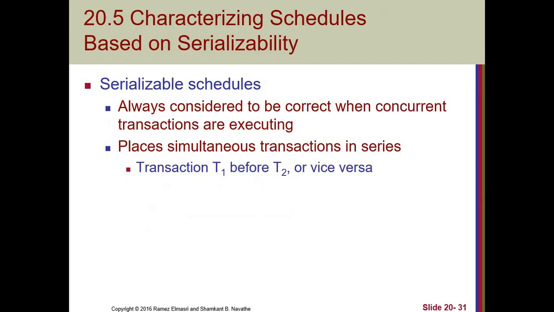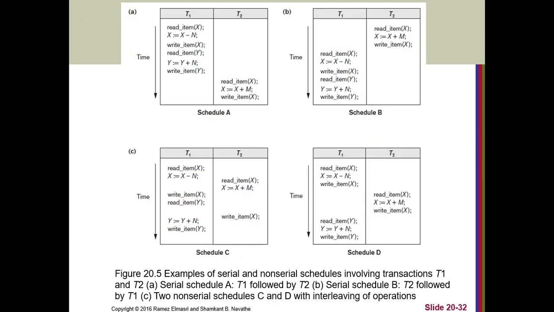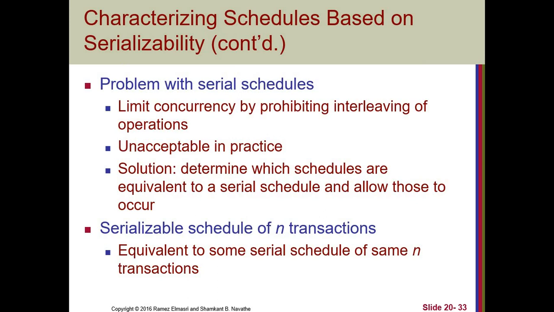Serializability tells us the transactions are going through in the order in which they were submitted. Here we see a visual representation of serial and non-serial schedules. There are some issues related to serial schedules.